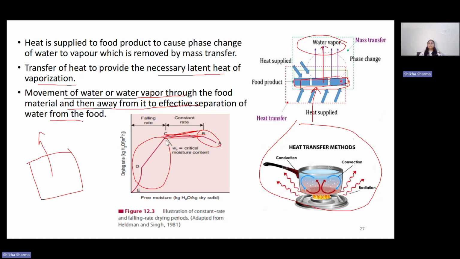So first the bound water, the water which is inside of the food, will come out, and this is the water which is very close to the food particle.